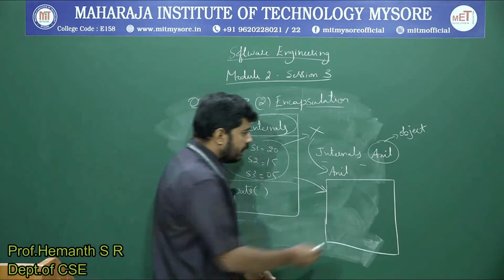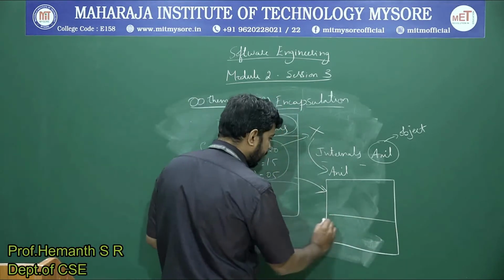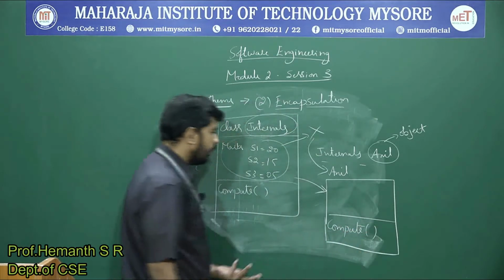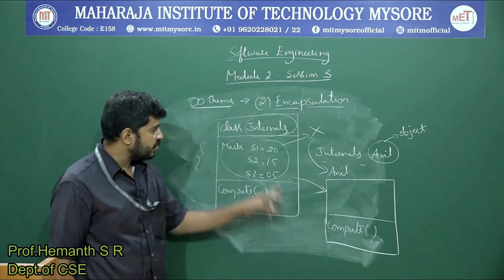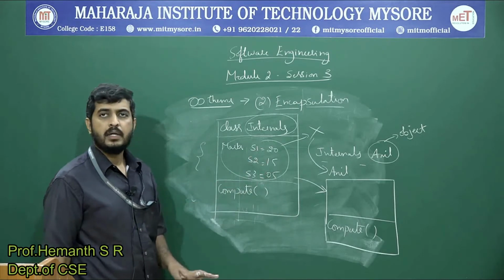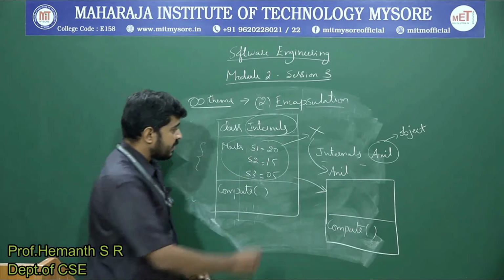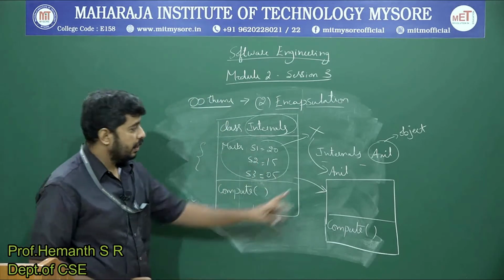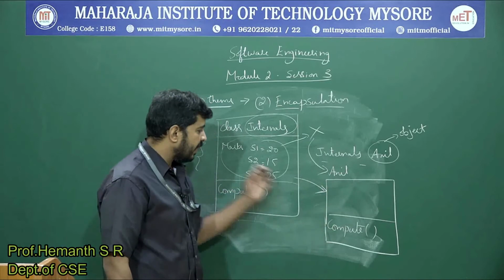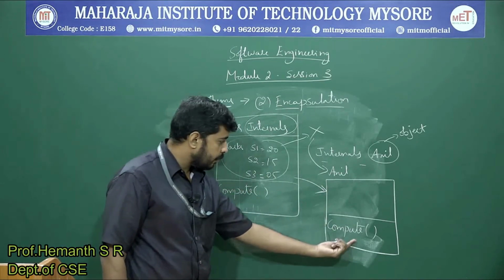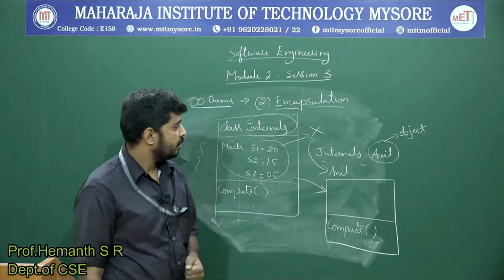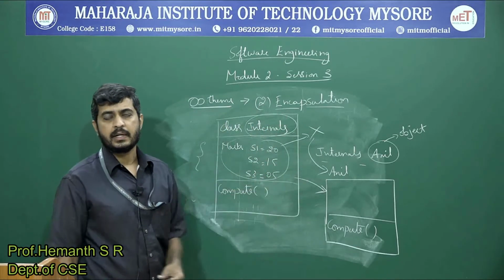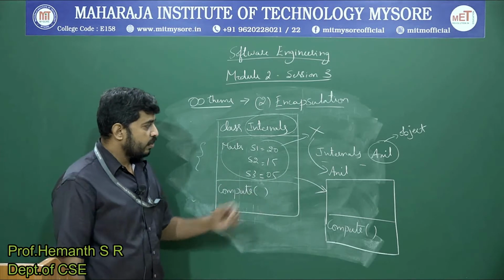For example, the Anil object should be able to use the compute function to compute the average of S1, S2, S3, but without accessing S1, S2, S3. Is it possible? Now encapsulation comes to our aid here. We can do this through encapsulation.